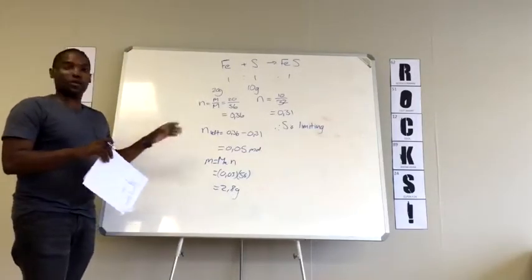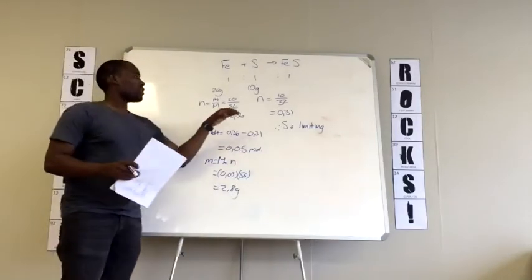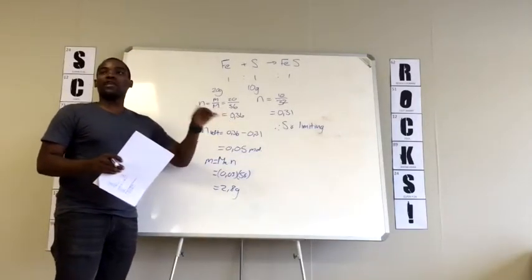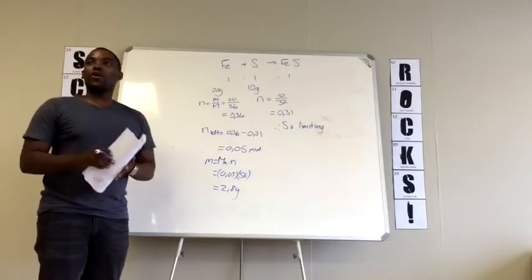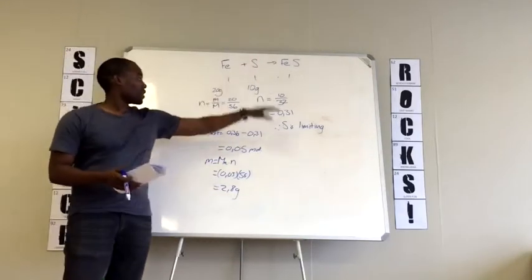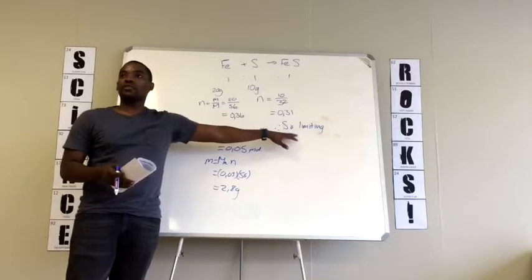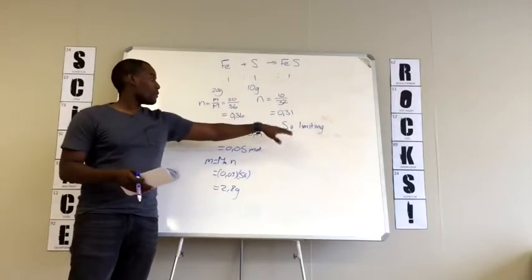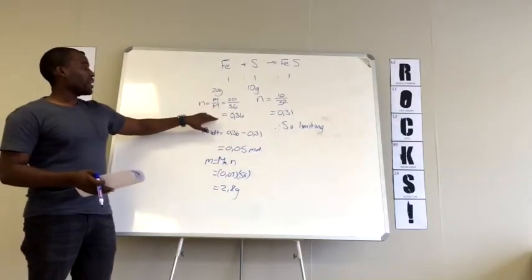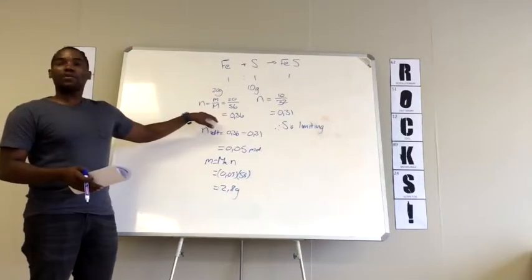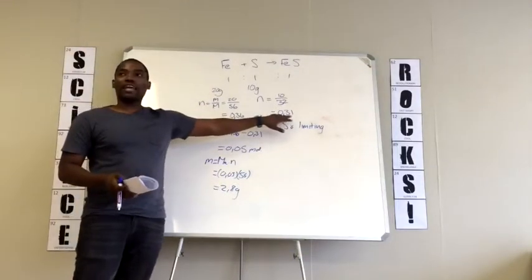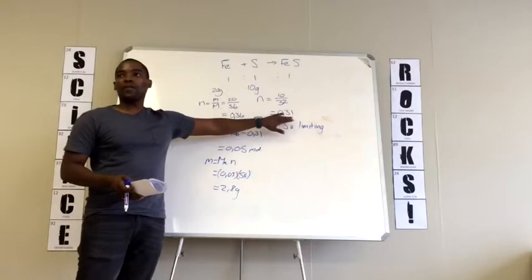Remember the question says, how many grams of the other one is in excess? First question was, which one gets used up first? So our sulfur gets used up first, it's the limiting reagent, right? So how many grams of my iron will be left over? If this is my limiting reagent, I can only react 0.31 moles of that.